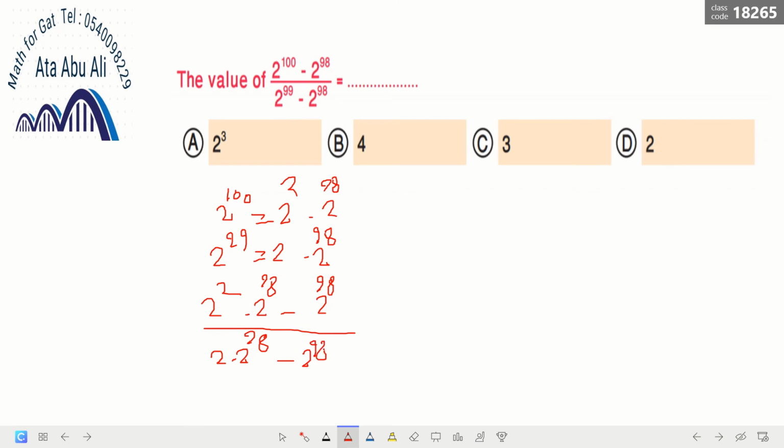Now as you see, I have a common factor which is 2 to the power of 98. If I put it out as a common factor from the numerator, now I can divide it.